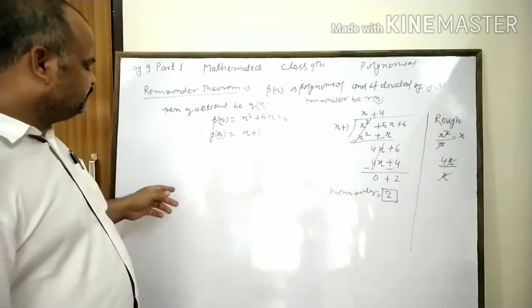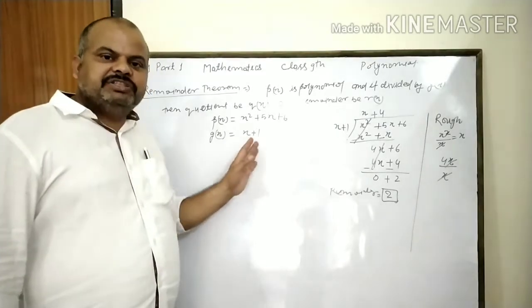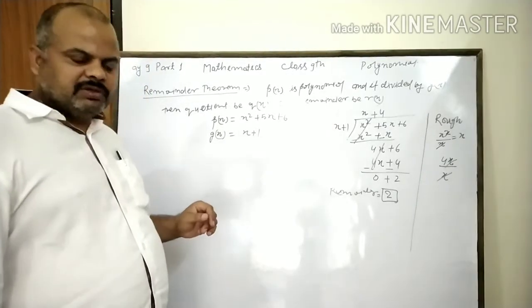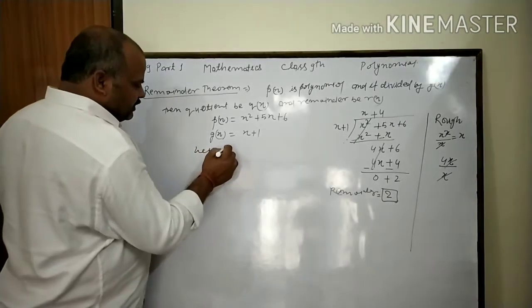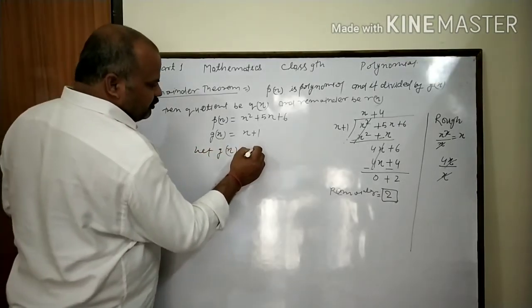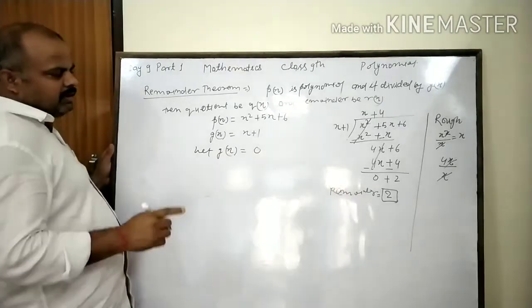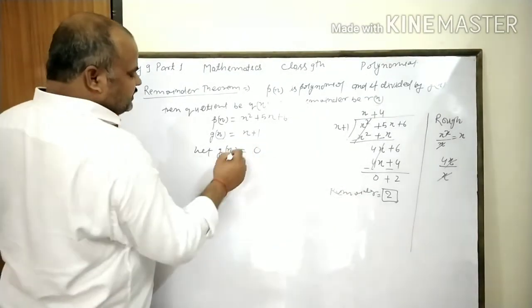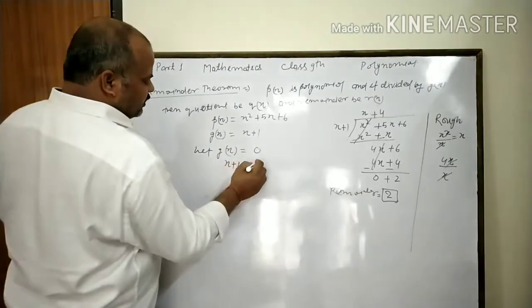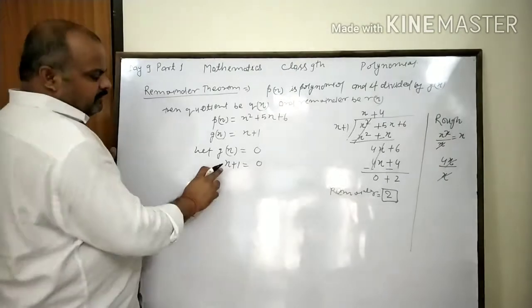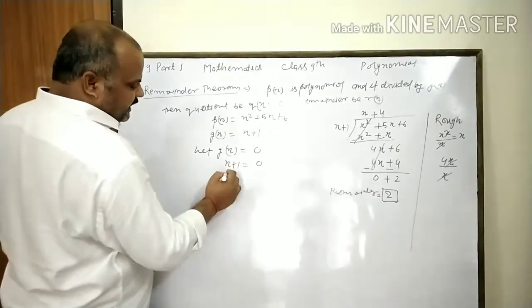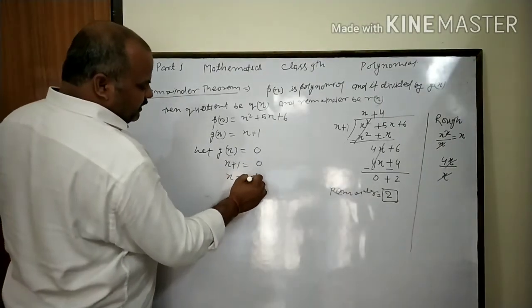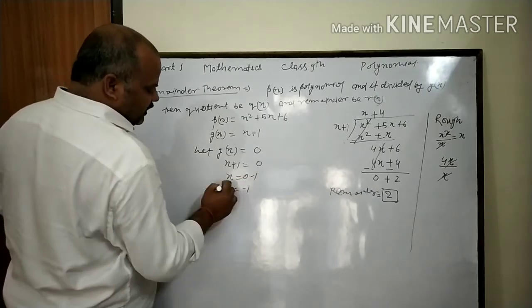Then what can you do? You can consider g(x) is equal to 0. Let g(x) is equal to 0. Here g(x) equal to 0 means x plus 1 is equal to 0. From here the 1 is a number, then it goes to that side, x is equal to minus 1.